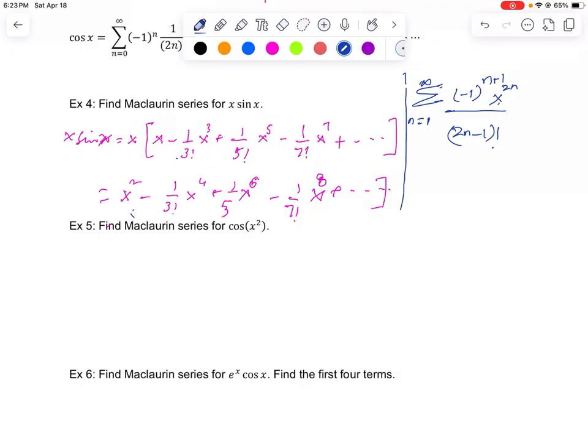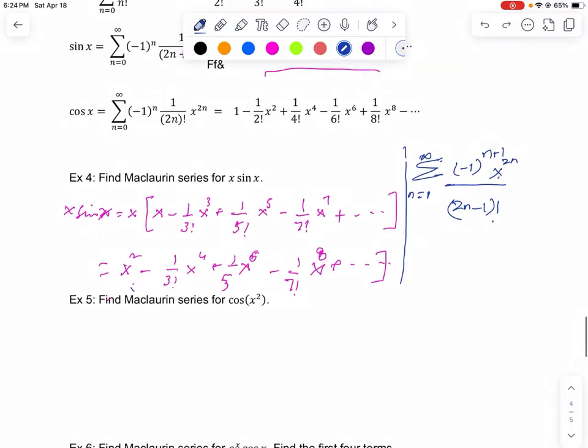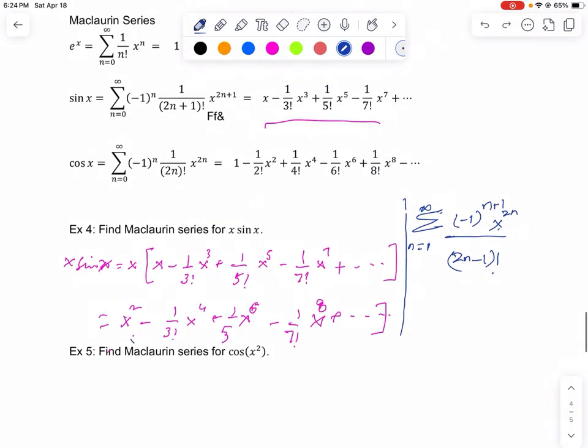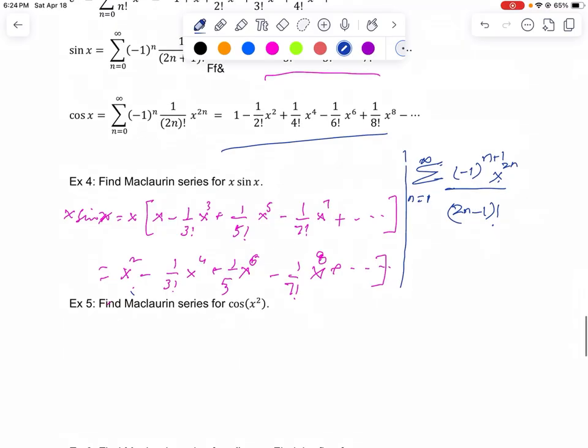Now example 5 says find the Maclaurin series for cosine x squared. So again, we already know the cosine series. What we have to do is just, in place of x, replace it by x squared.